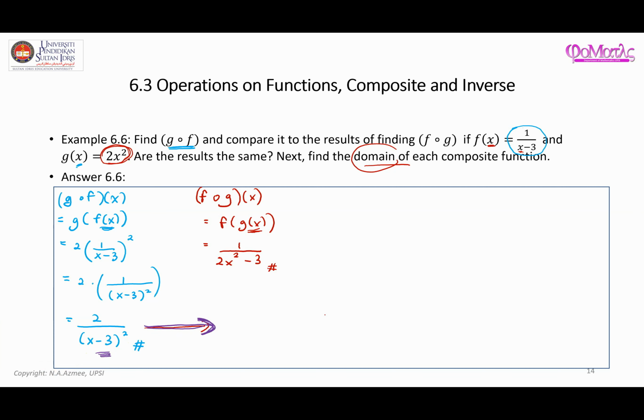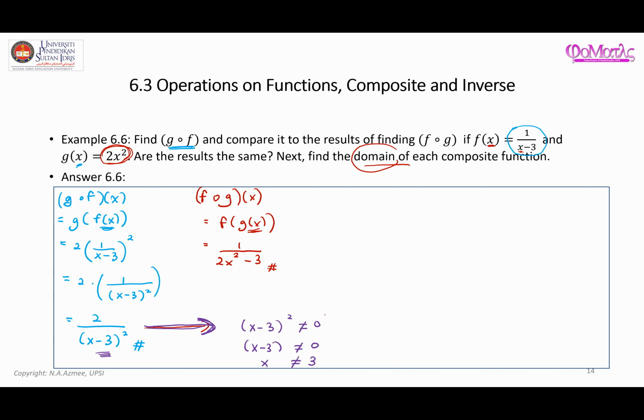So the function works if (x minus 3) squared is not equal to 0. And based on this, you can say that therefore x minus 3 cannot be equal to 0, x cannot be equal to 3. So as long as other numbers are used, it is fine, but cannot be x equals 3. So this is the domain for the first composite function.